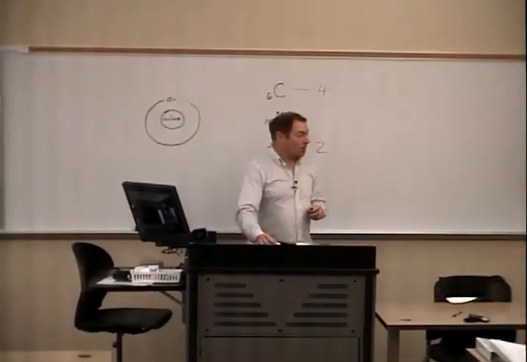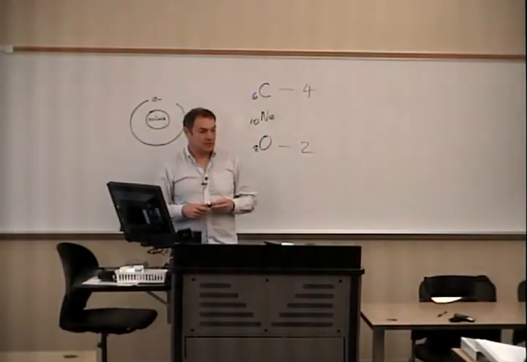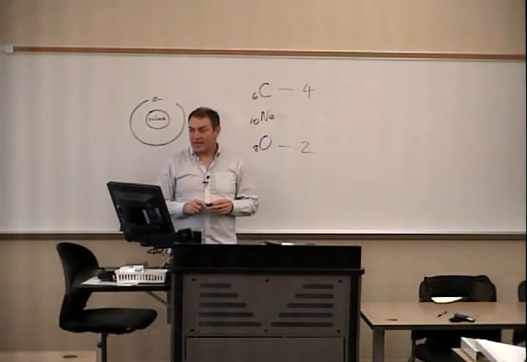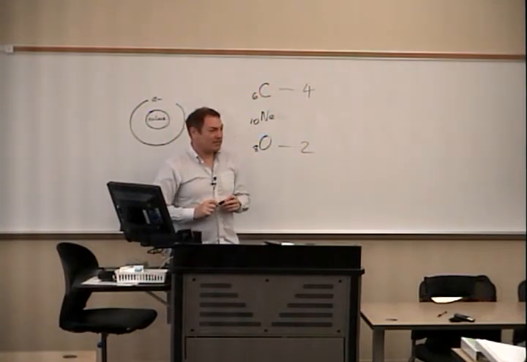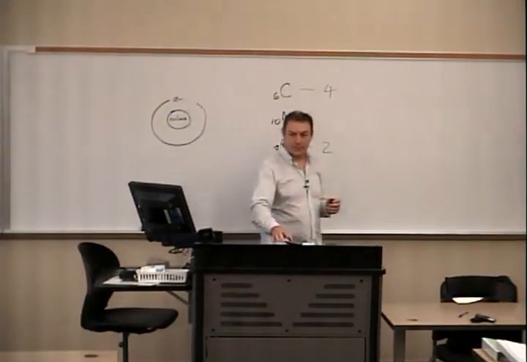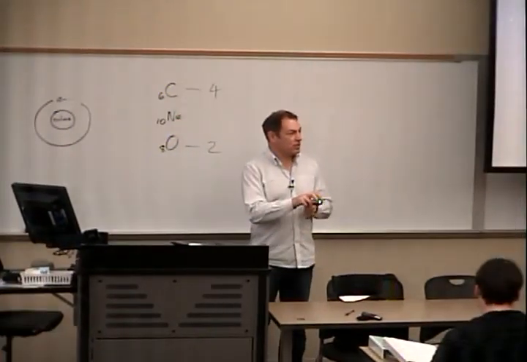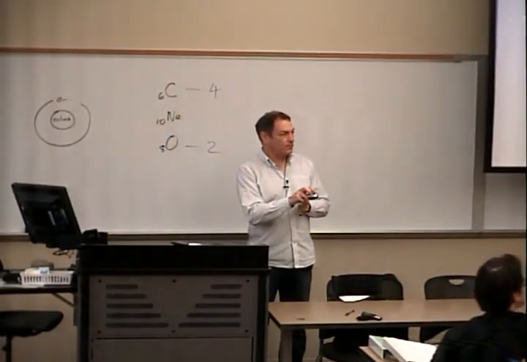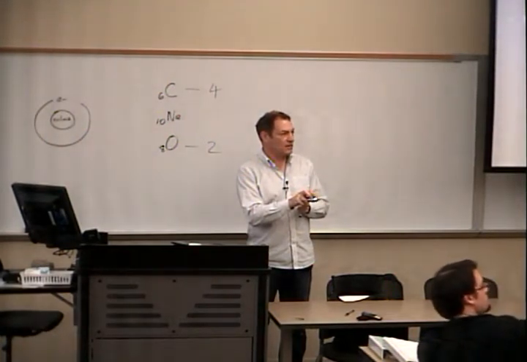So, lots and lots of atoms, lots and lots of elements, have incomplete valence shells. That means their valence shells have some vacancies. They're not full. So let's have a look at the periodic table. All of these ones over here, their outer shell is full.